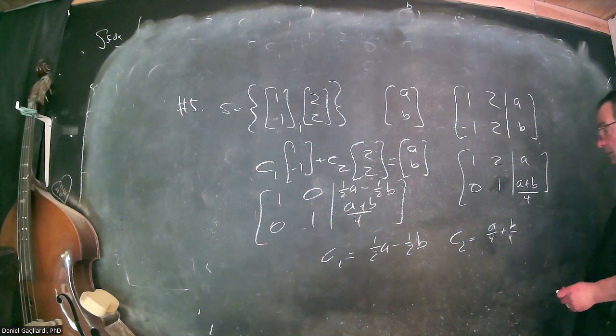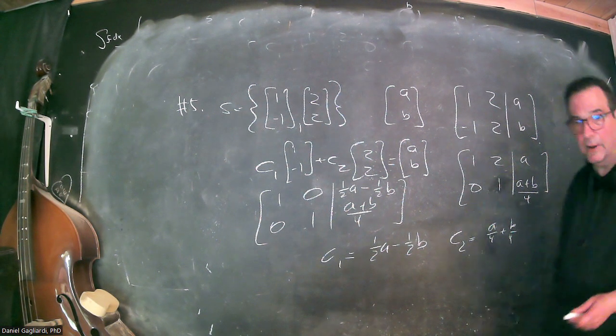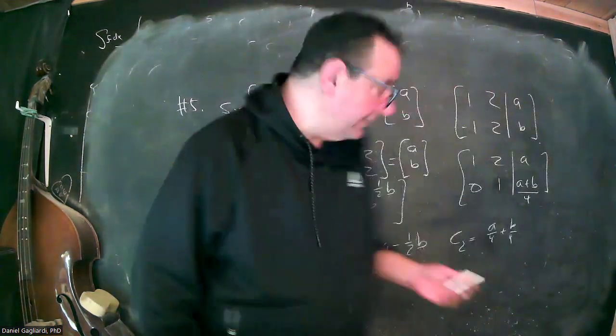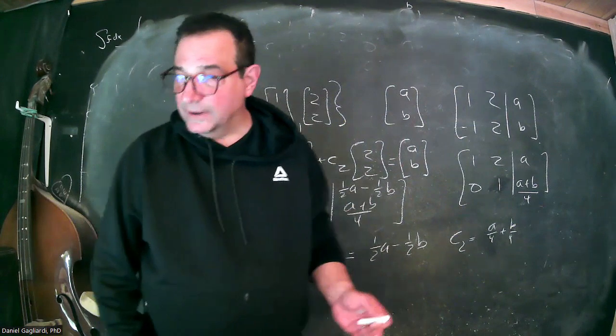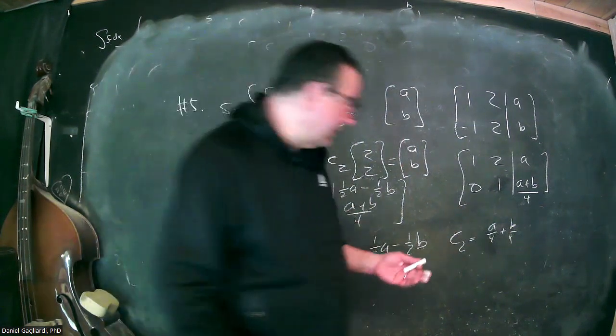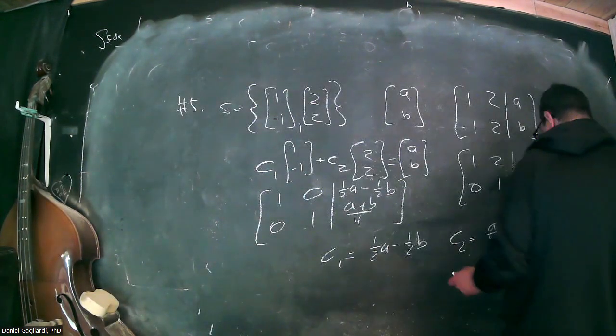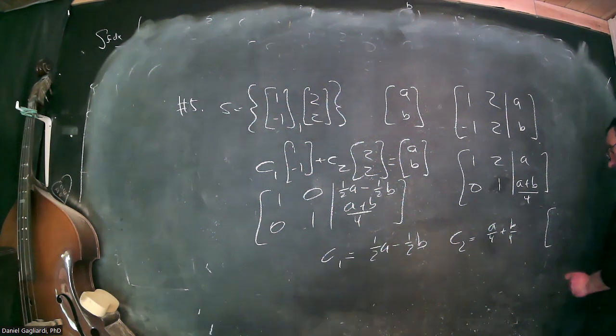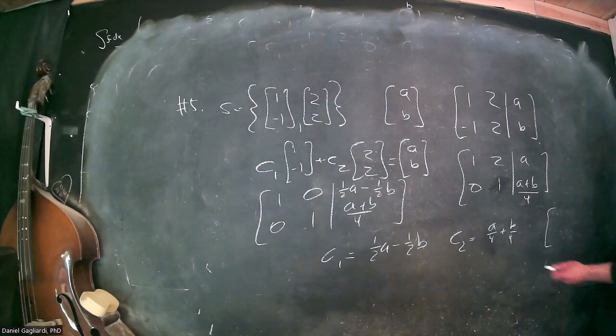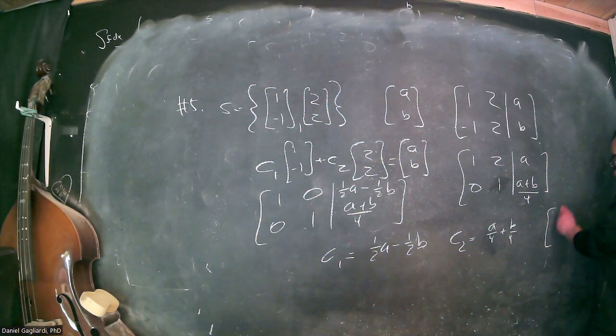All right, so let's see what happens. That's a formula for how to obtain c1 and c2 to get to any target vector. I didn't pick a target vector, but let me pick one. How about we pick a target vector so that we reduce our dependence on fractions? How about a is a multiple of 4 and b is a multiple of 4? So we can let a be equal to 4, and we can let b be equal to 8.